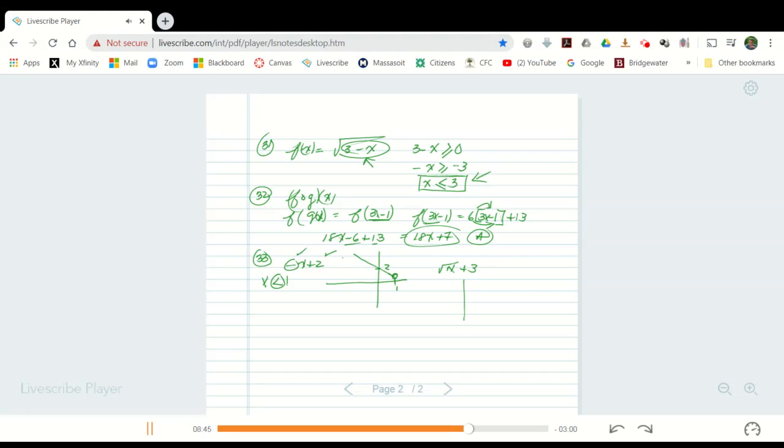But the second function, square root of x plus 3, well, that takes the basic square root function and just moves it up 3 units. All right. So if I look at this, my two choices were letter C or letter B. Well, the bottom part of B is not moved up, it's moved down 3, actually 2 units.